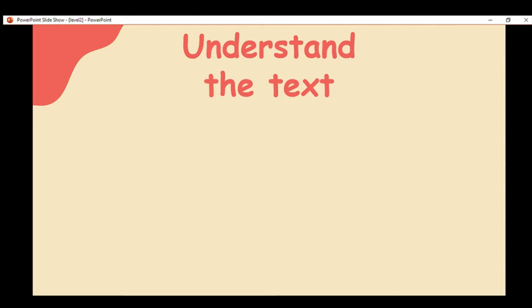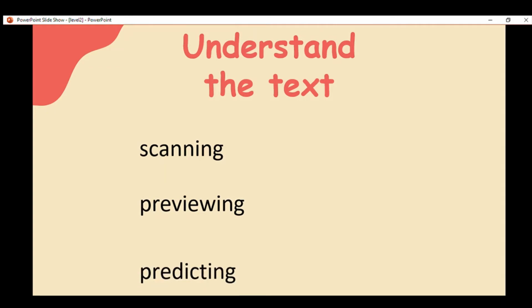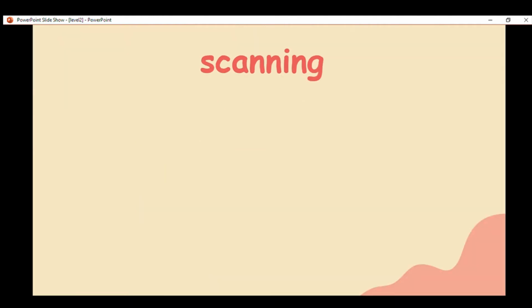First, to understand the text, you need to do scanning, previewing, and then predicting. Scanning now. What is scanning?